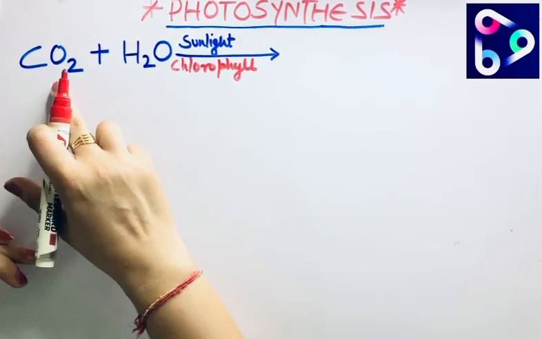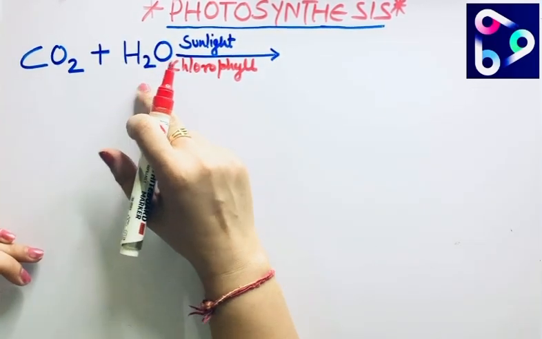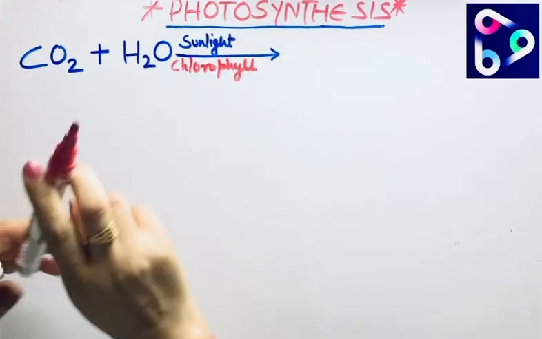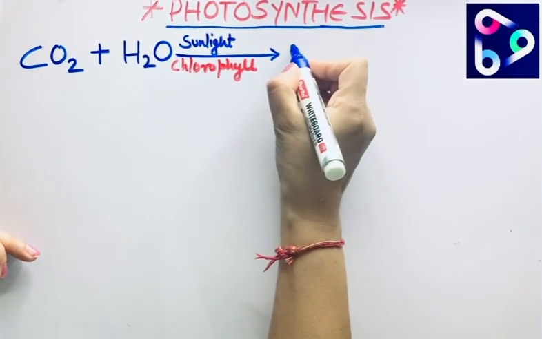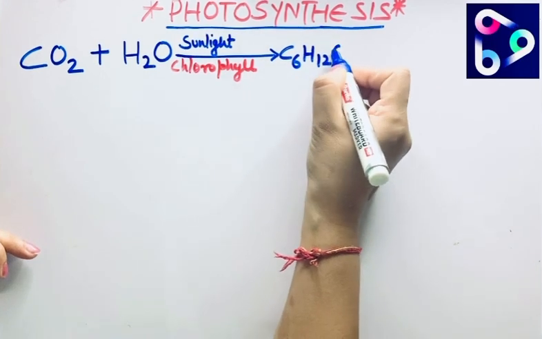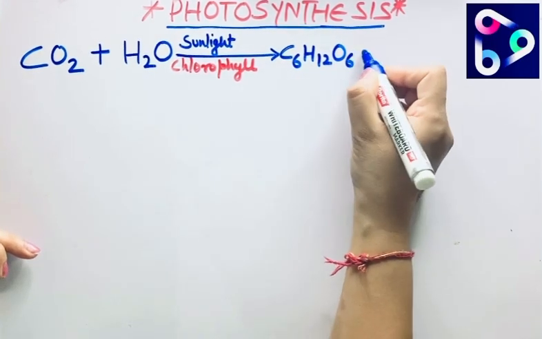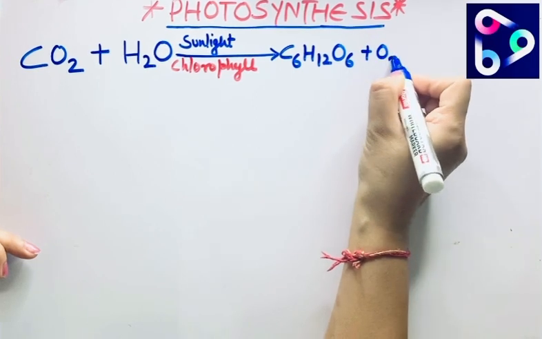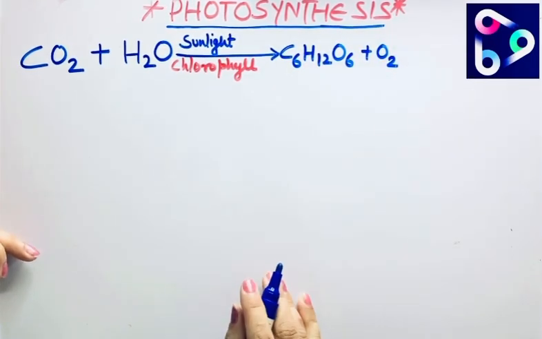So carbon dioxide plus water in the presence of sunlight and chlorophyll gives us the food for the plant, that is C6H12O6, plus oxygen is released.